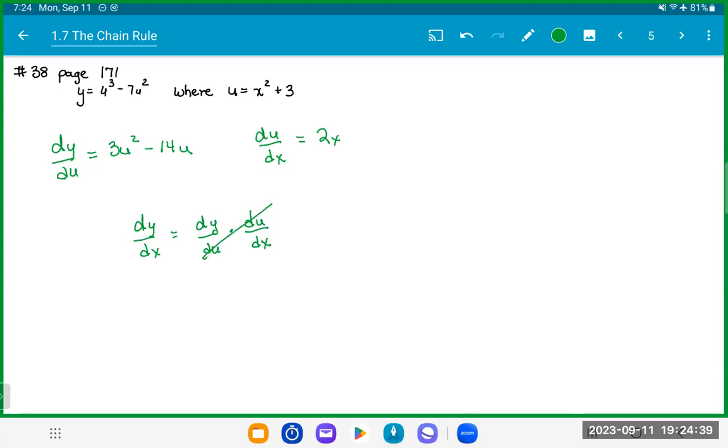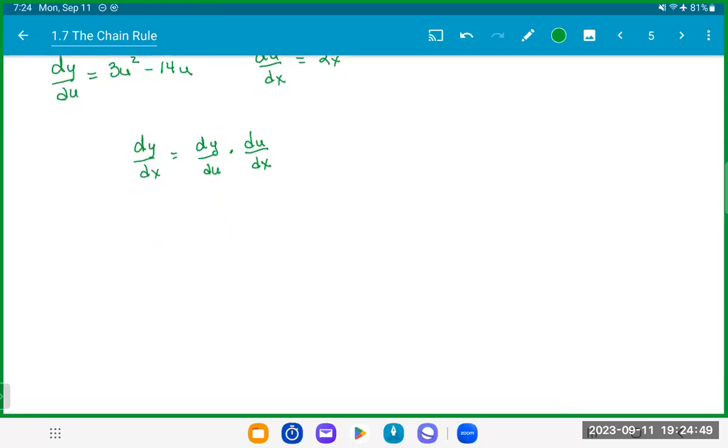So those cancel with each other, and we're left with dy dx, right? And so we can do that here. So my dy du was 3u squared minus 14u, and my du dx was 2x.